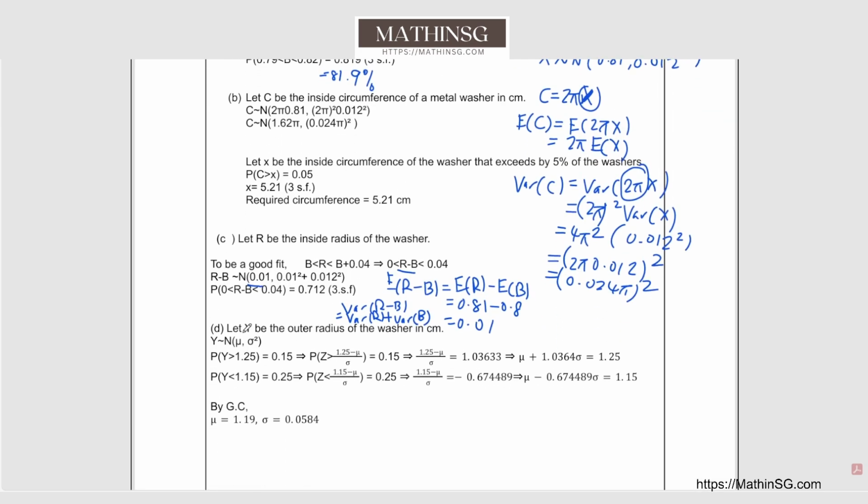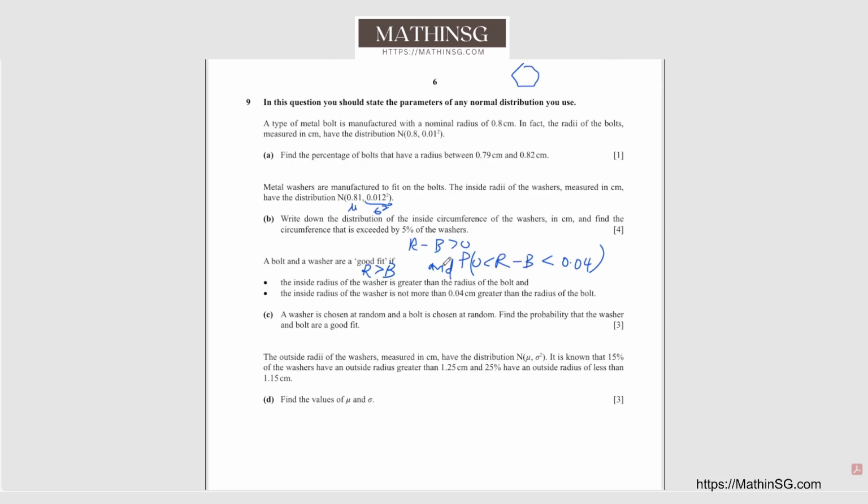So I will first let y be the outer radius of the washer in cm. Okay, and we know that y takes this distribution. Okay, then we know that 15% of the washers, so that means I have a probability of 0.15 where y is greater than 1.25.